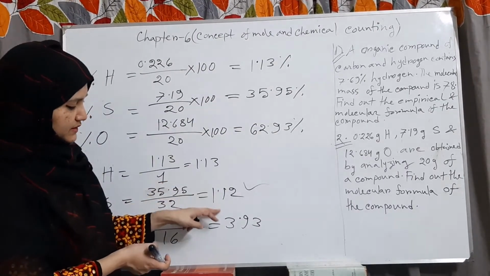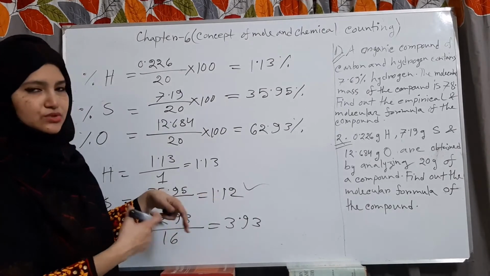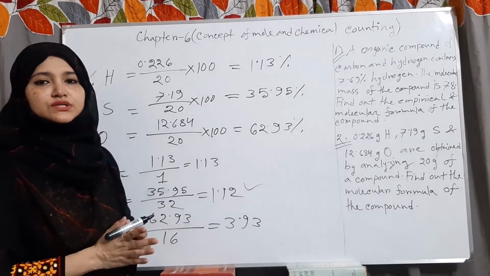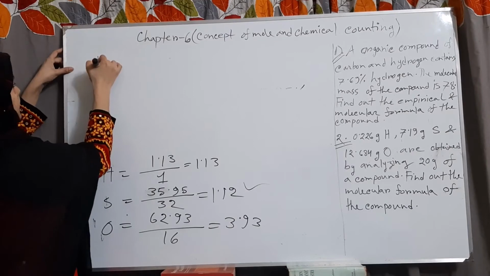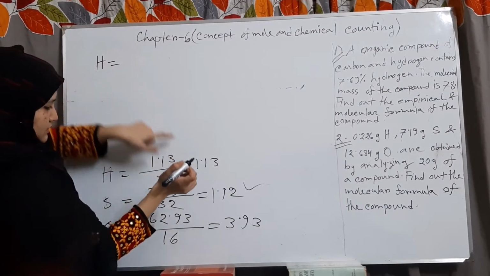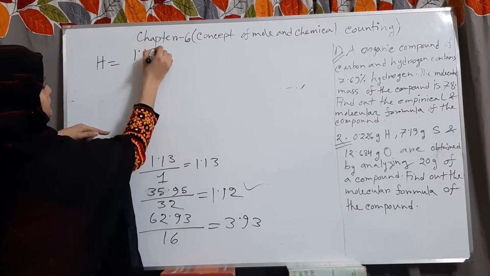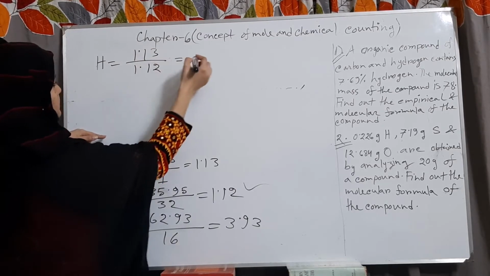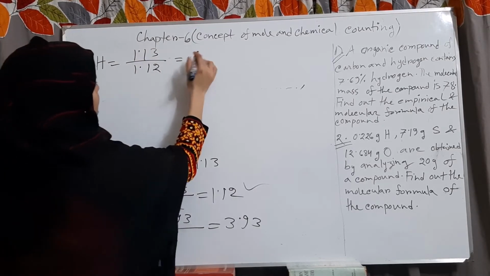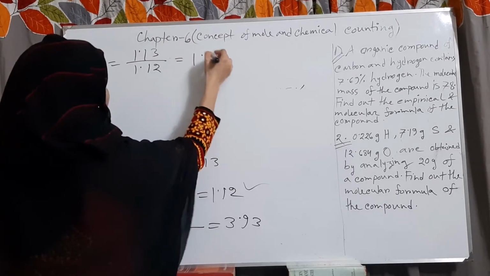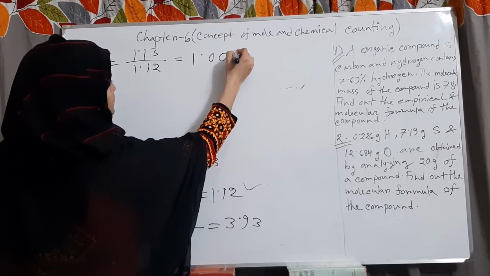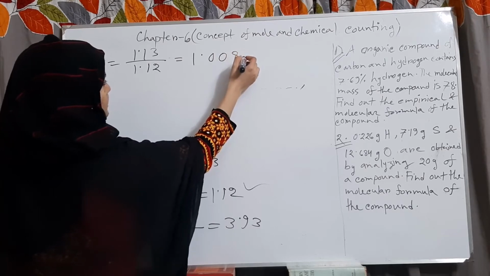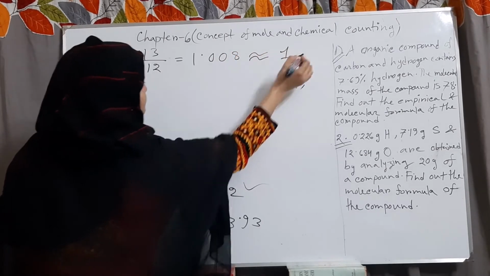Then we get the simplest ratio. For hydrogen, 1.13 divided by 1.12 is 1.008, so approximately we write 1.